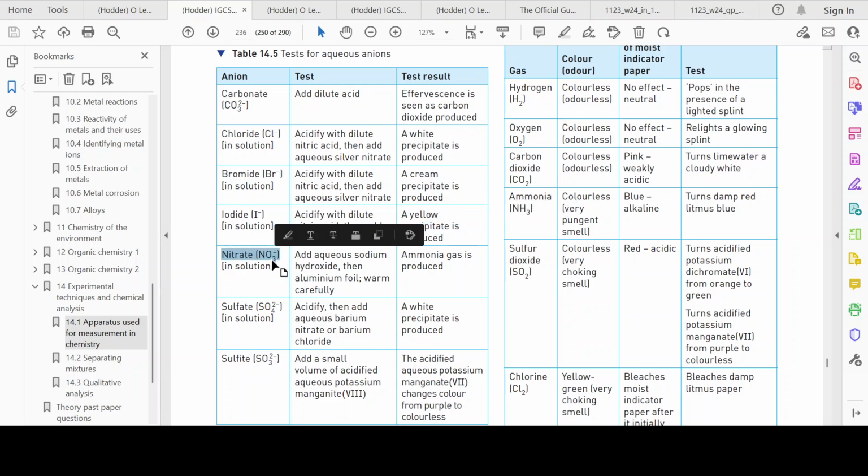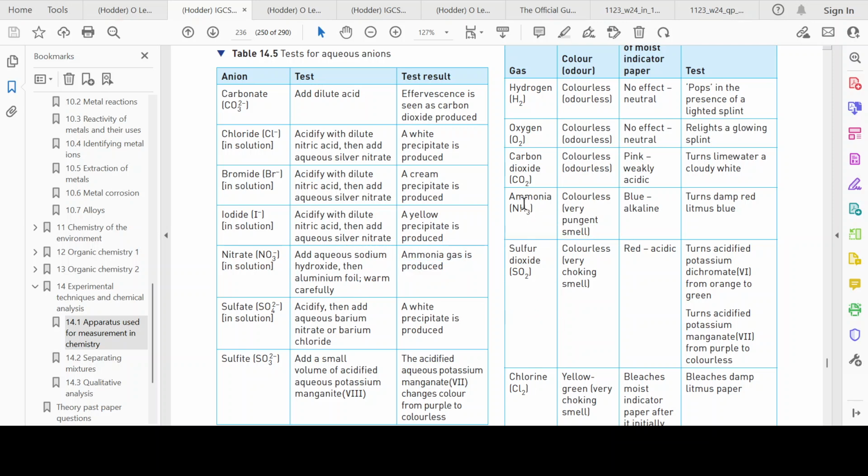If you've got nitrate, we did this: add aqueous sodium hydroxide, then aluminum foil, and warm it. We actually did the equation for this in an earlier chapter. If you add sodium hydroxide and then aluminum and warm it carefully, ammonia gas will be produced.